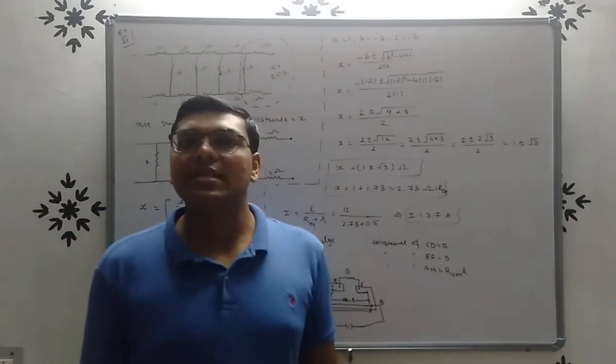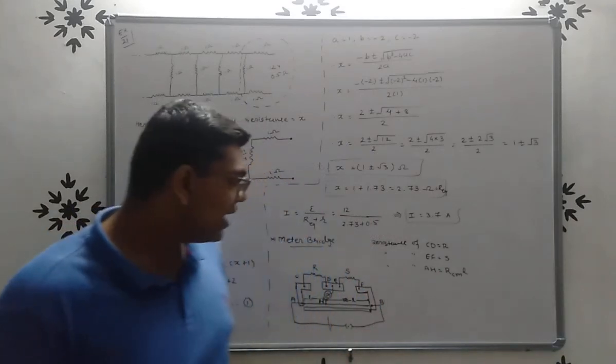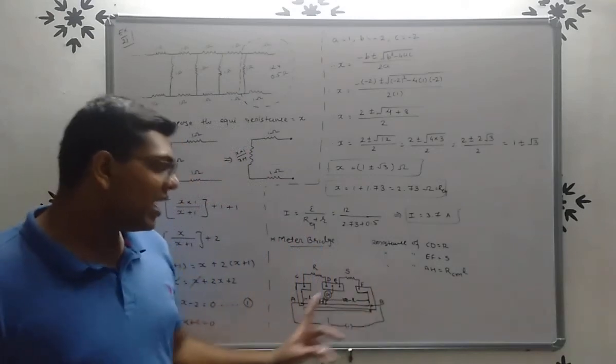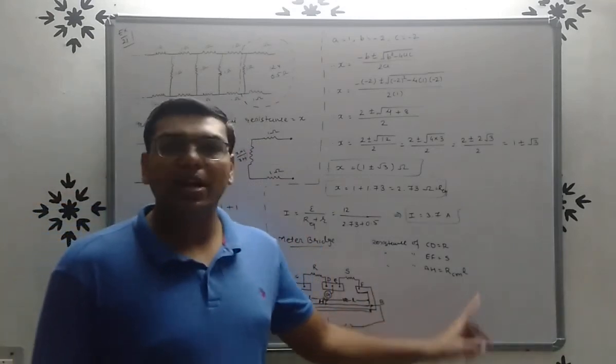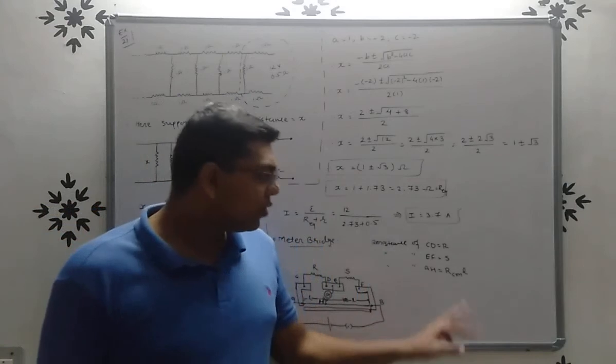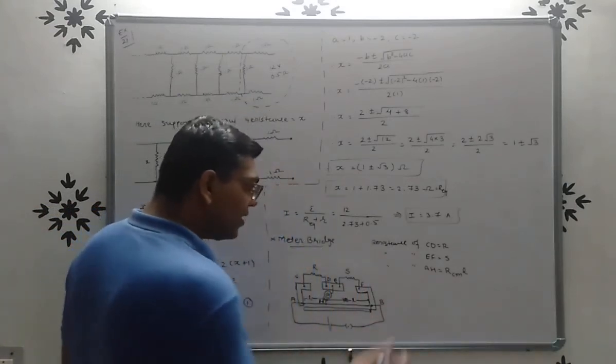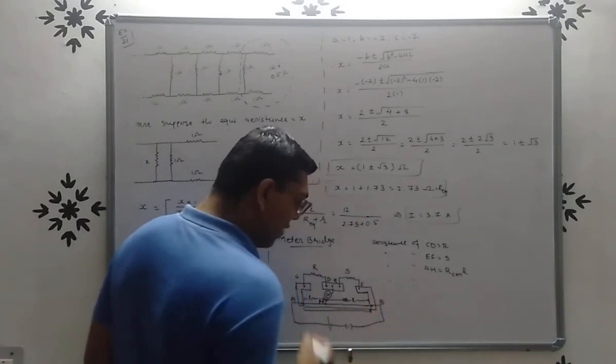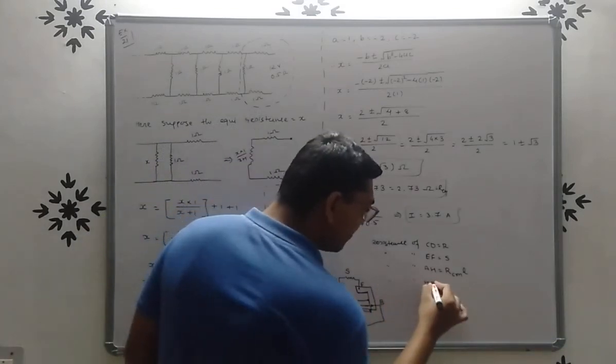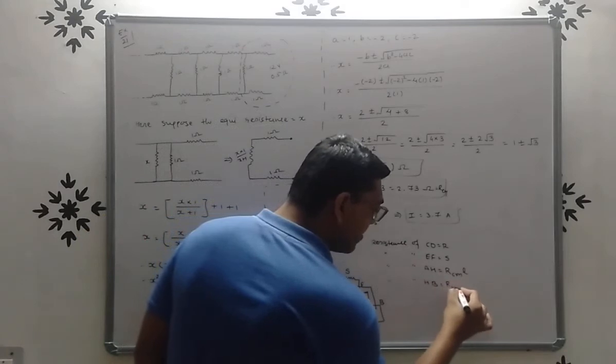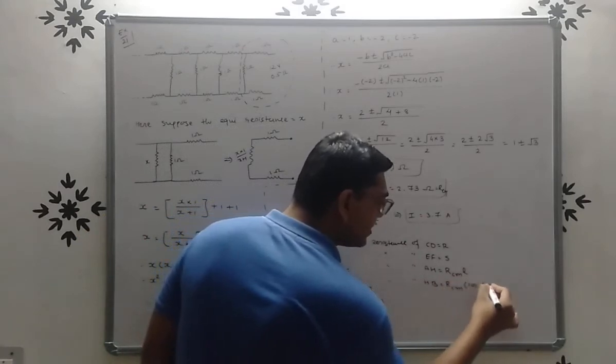RCM is the resistance per unit length, right? So resistance of wire AH is RCM into L. Friends, you have to write here RCM is the resistance per unit length. Thereafter resistance of wire HB is RCM into 100 minus L.